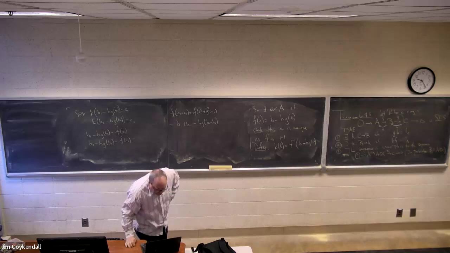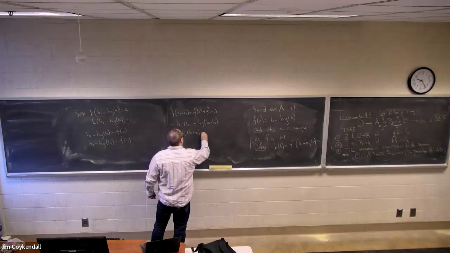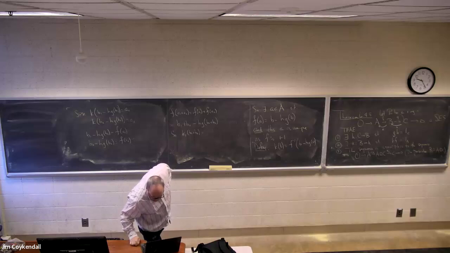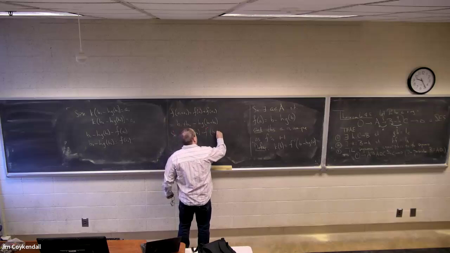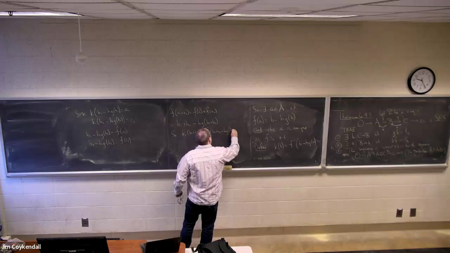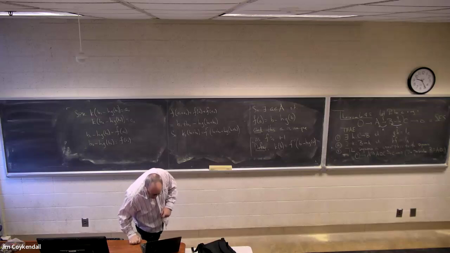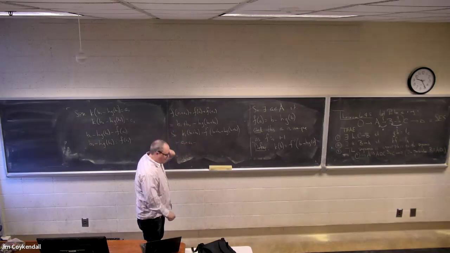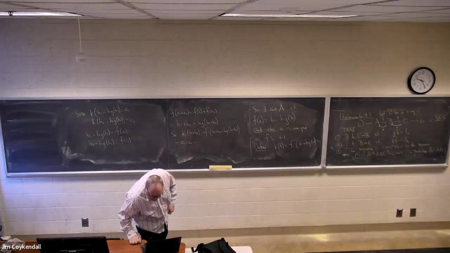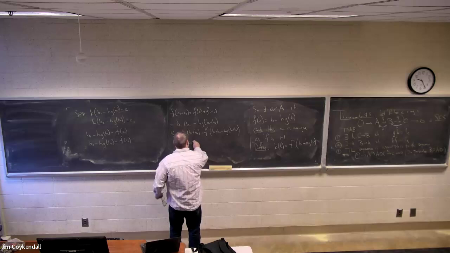So K of B1 plus B2 is equal to F inverse of B1 plus B2 minus HG of B1 plus B2, which is A1 plus A2, which is K of B1 plus K of B2.